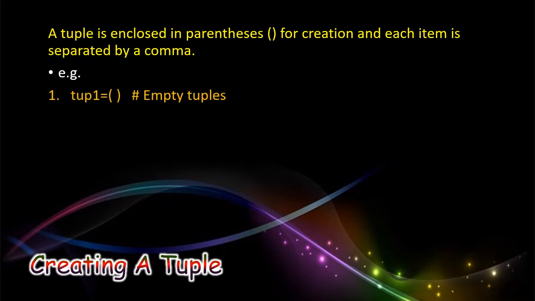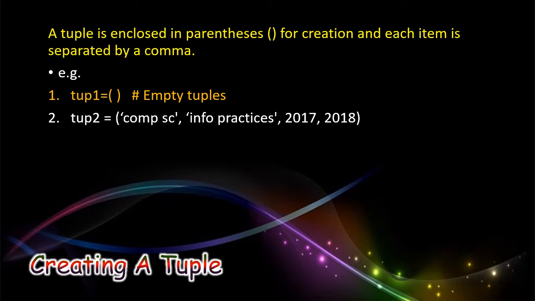First there is no item, so it's called an empty tuple. And a mixed data type tuple, that is tuple 2, with strings and numbers, and tuple 3 with only numbers alone given.